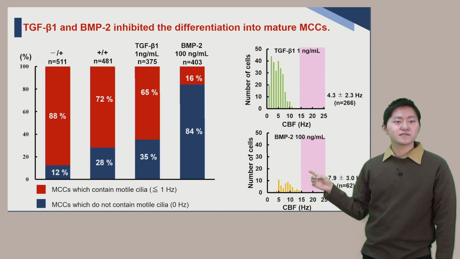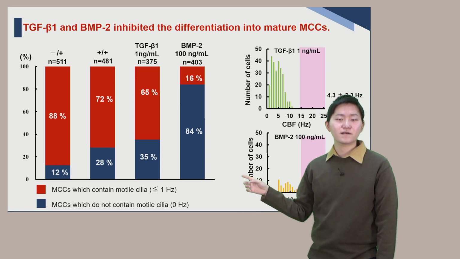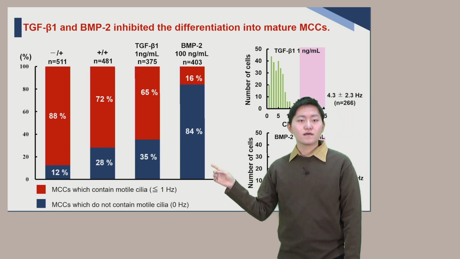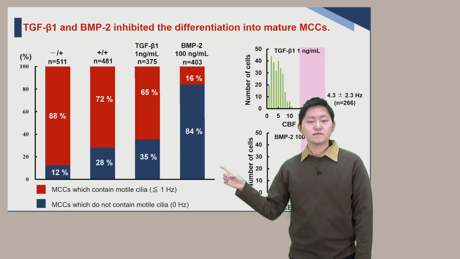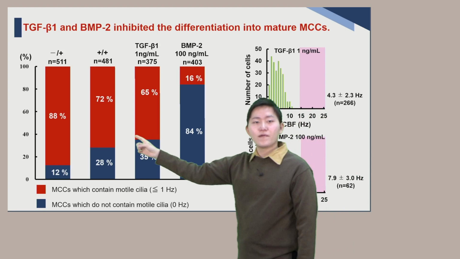Next, I observed the ciliary movement in the presence of TGF-β1 and BMP2. The percentage of ciliated cells in these conditions was lower than that of the minus plus conditions.